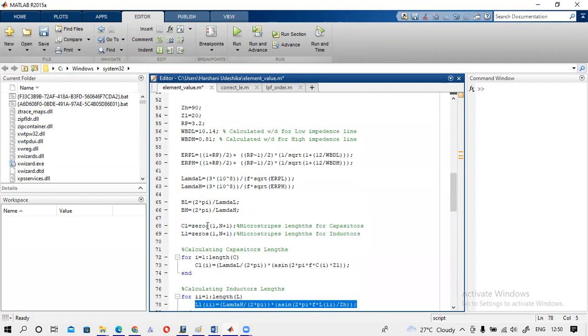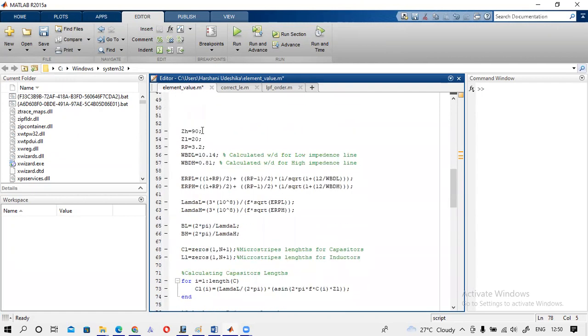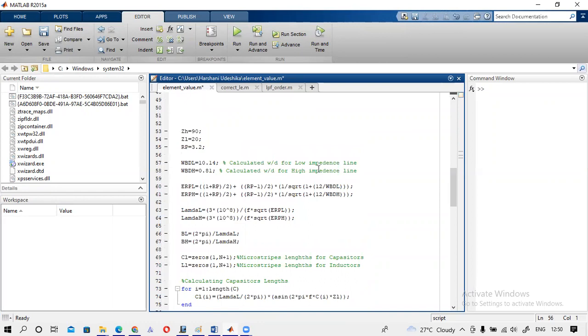And what are the required values? You need ZH, that is 90, you need Z1, that is 20. You need the relative permittivity, that is 3.2. Here I have directly inserted the WD ratio for low impedance and WD ratio for high impedance.